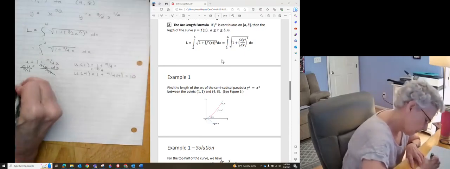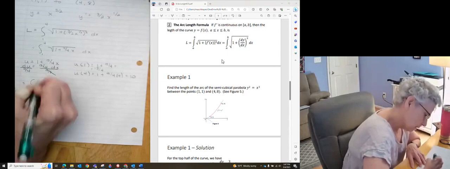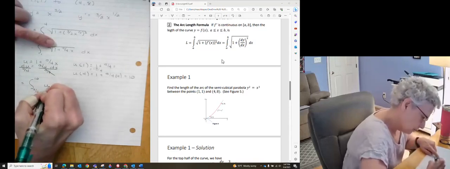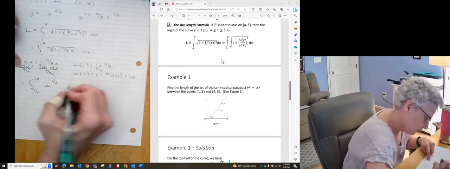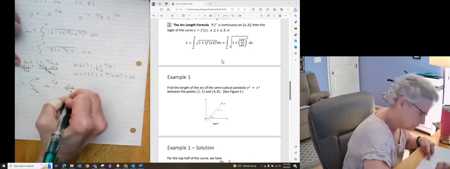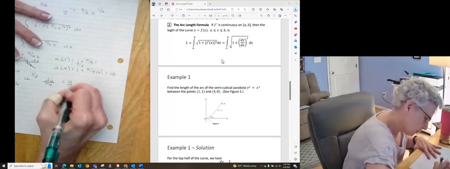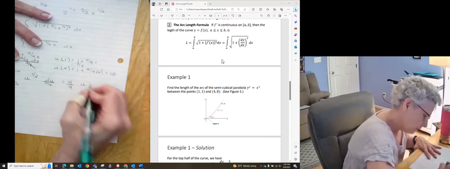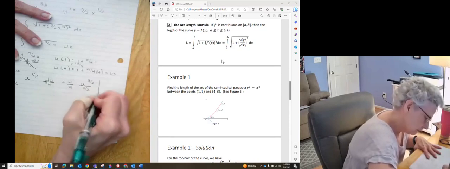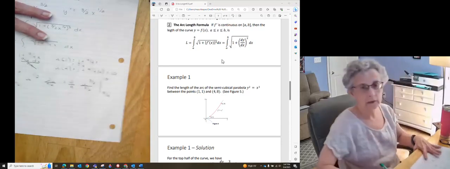So now we have the integral from 9 over 4 to 10 of u to the 1/2 power, and then du over 9/4, which is 4 over 9. Add 1 to the exponent, divide by the new exponent, and evaluate from 9 over 4 to 10.